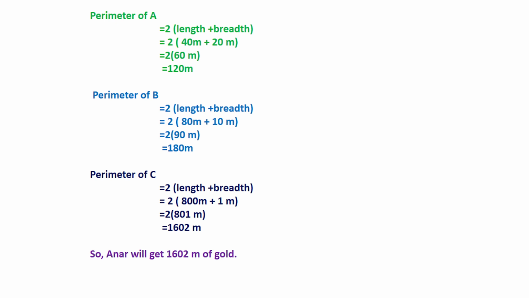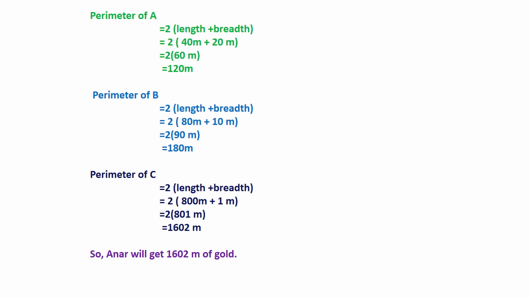Perimeter of B equals 2 times 80 meter plus 10 meter, which equals 2 times 90 meter, which gives 180 meter.